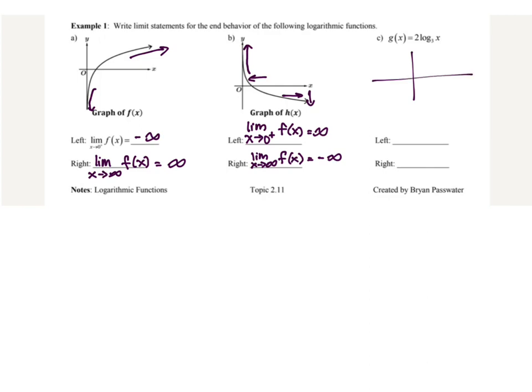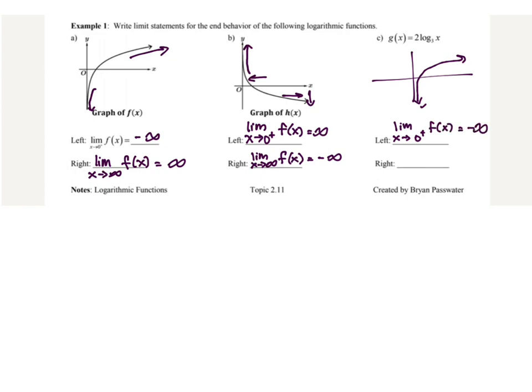If a is positive, then it looks like this. Wait, I got it. If x is going to 0, then it's positive. So the left side would be the limit as x goes to 0 from the right of f of x is what? Negative infinity.